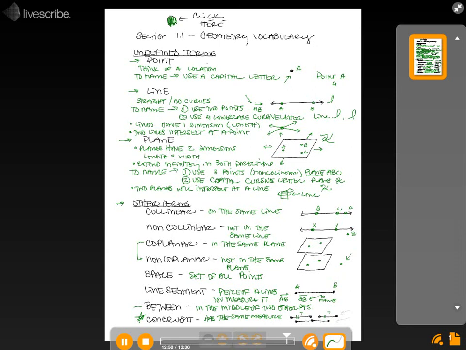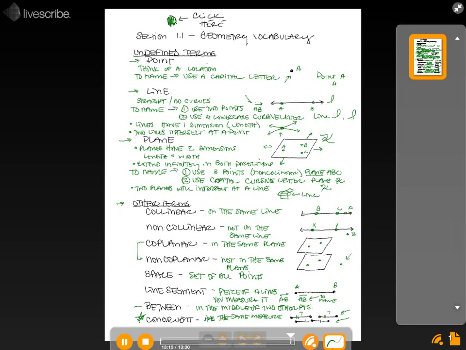So if 2 line segments in particular have those hash marks on them, that means they're congruent. That means they are the same, they're equal to each other. Now this first one I had here with the 7s, that's an example of 2 line segments that are separate. Second example here is 1 big line segment that's divided into 2 pieces, and we do the same thing. You can put hash marks as long as we use the same number of hash marks for both parts.